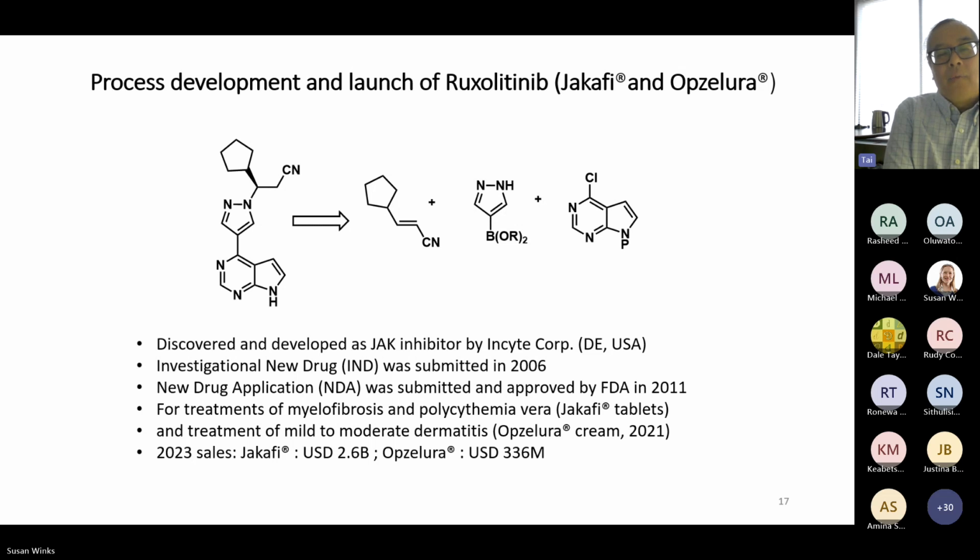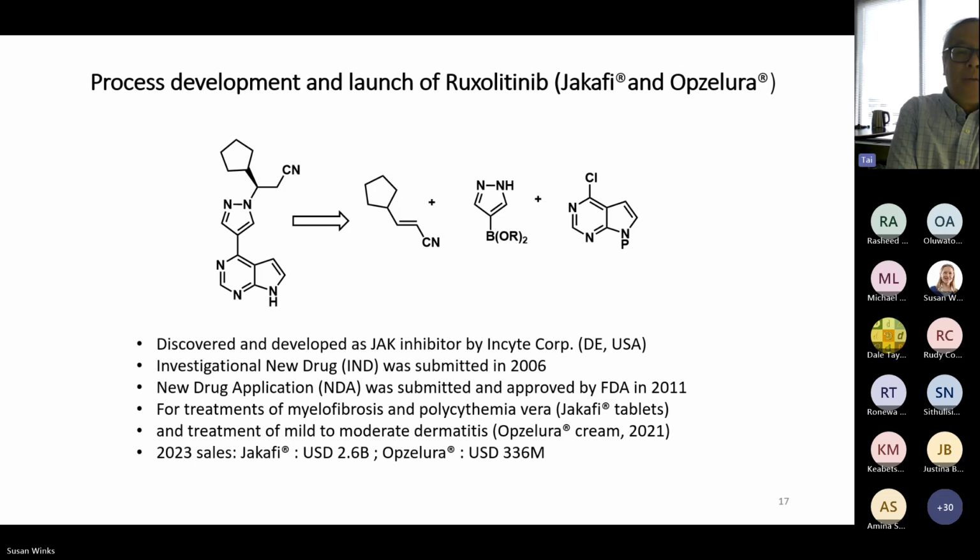5 years later, we filed the new drug application, the NDA, to the agency, and it was approved for the market. This drug can be used for the treatment of myelofibrosis and polycythemia vera, in a tablet formulation, and it can also be used for dermatitis, applied as a cream formulation called Opzelura.